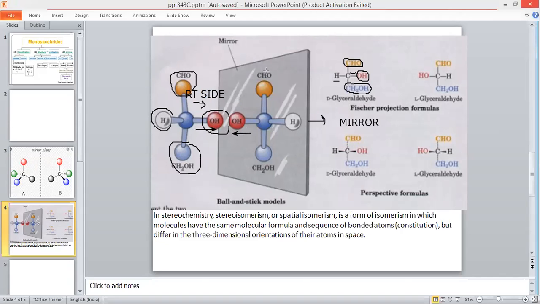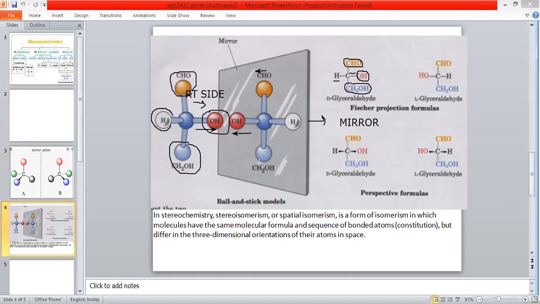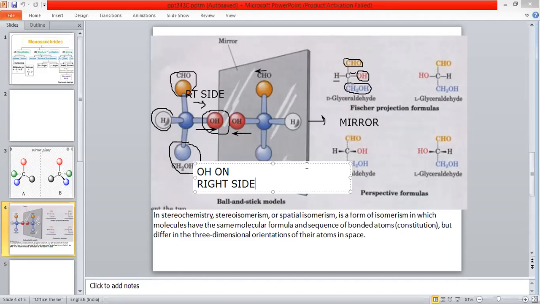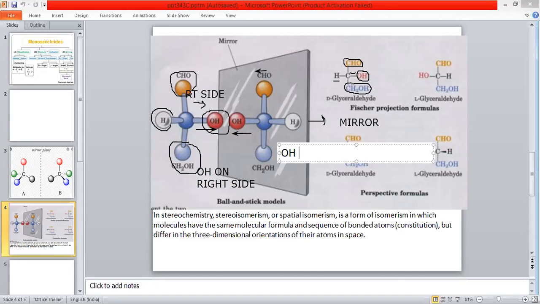The two structures are the same, CH2OH and the CHO aldehyde group are the same, but you'll see that in one structure OH is present on the right side, and in another structure, its mirror image, it's having OH on the left side. See clearly that it's having OH on the left side here.